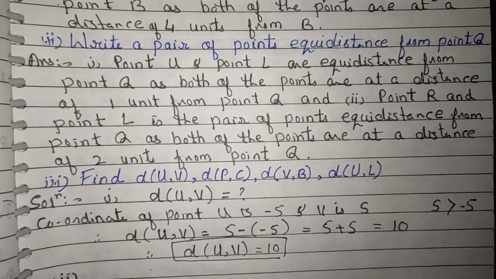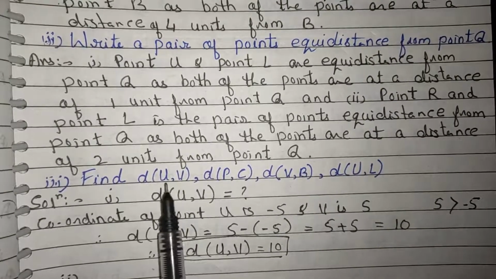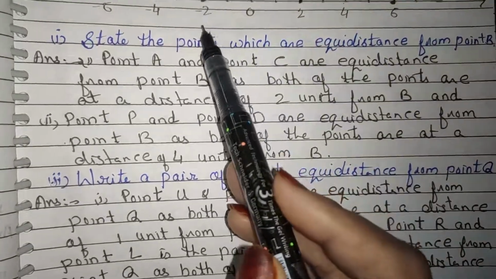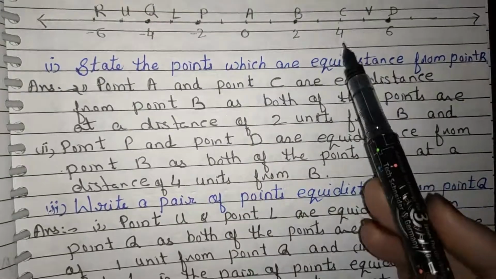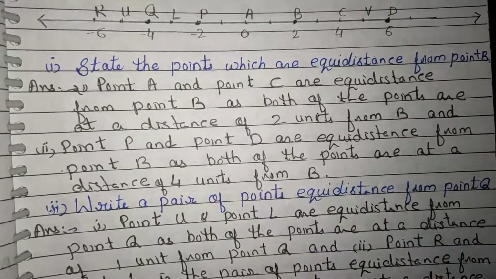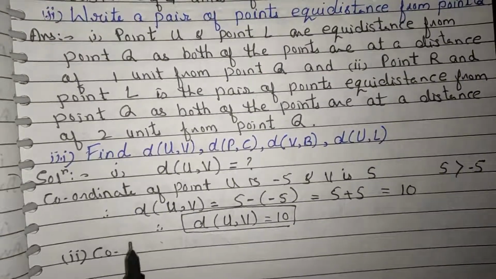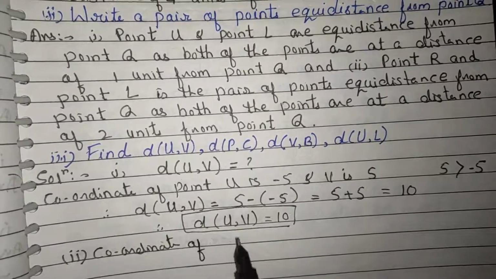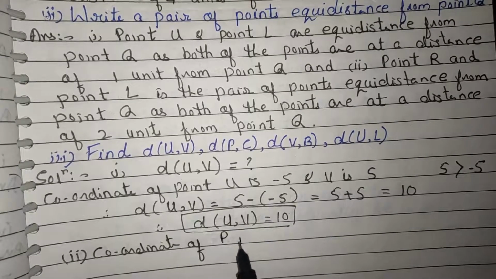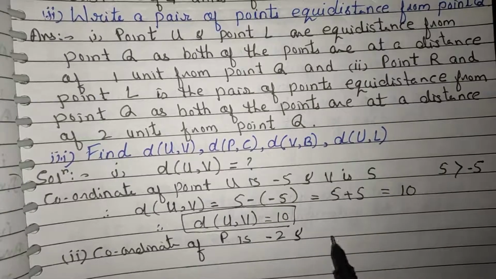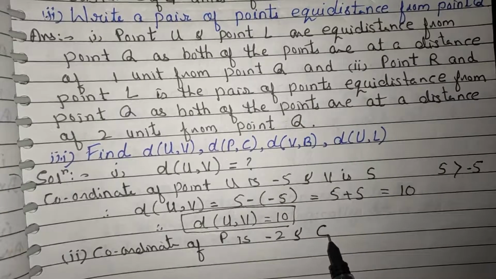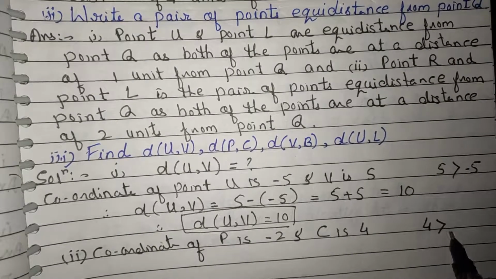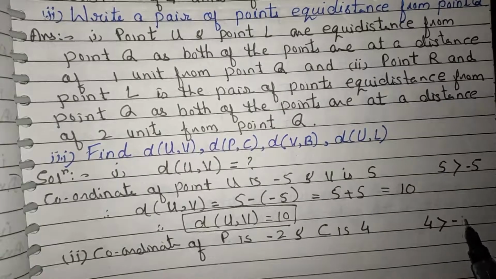Second, look here, distance between points PC. Now here, the coordinate of P is -2 and the coordinate of C is 4. Here 4 is greater than -2.